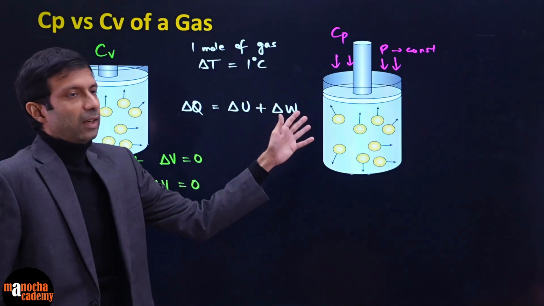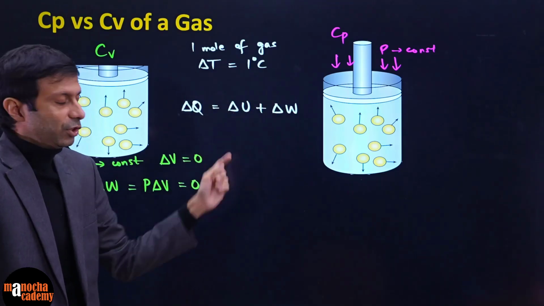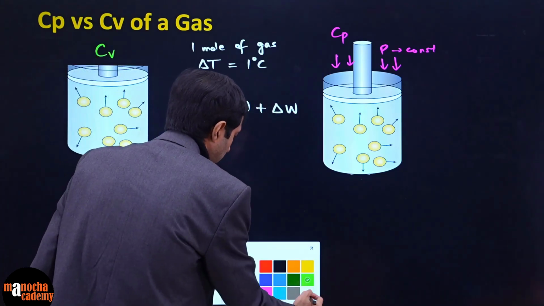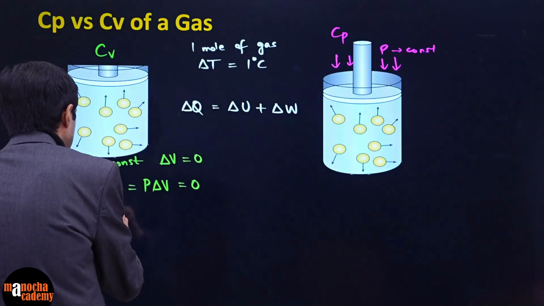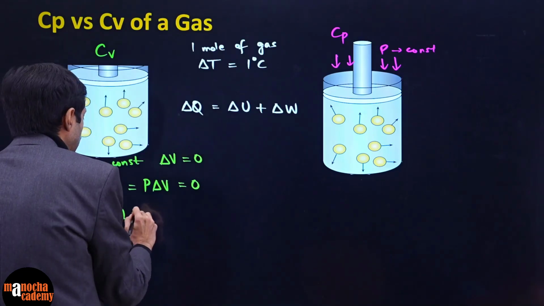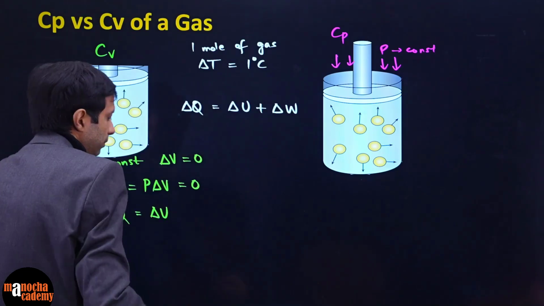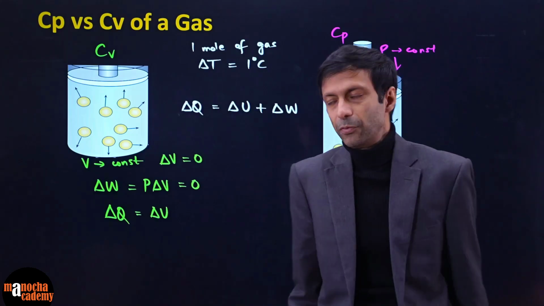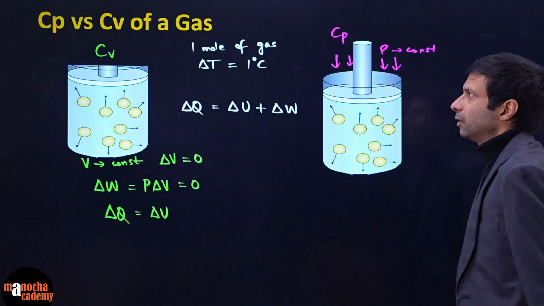So there's no work being done. All the heat is being supplied for internal energy, right? So increase in internal energy. So therefore, we can say that in this case, delta Q is purely equal to delta U, right? It's all being supplied for internal energy.